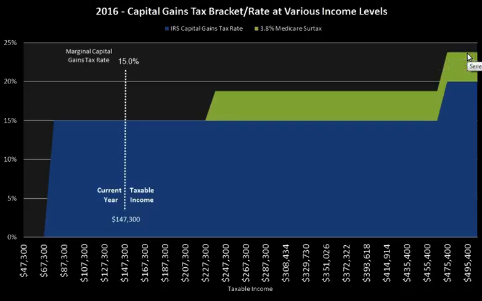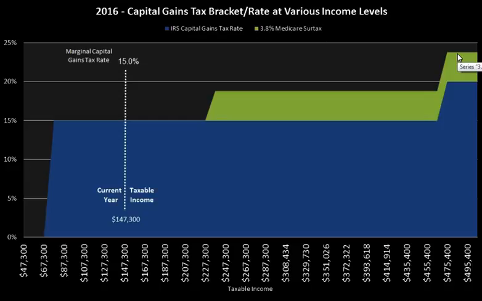See, the way the math works is if your income's high enough that you're in the 20% capital gains rate, by definition, you are subjected to the Medicare surtax, and therefore, you're actually in the 23.8% tax rate. So, the truth is, there are 4 capital gains rates. I mean, that's the way the math works. 0, 15, 18.8, and 23.8%.